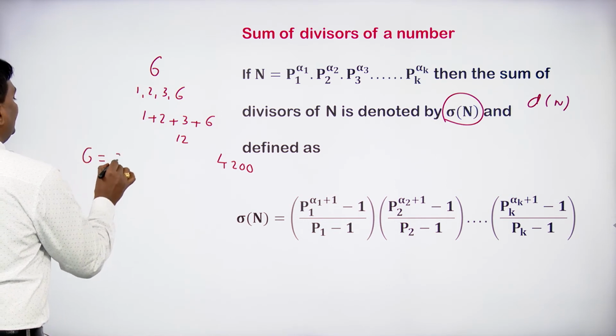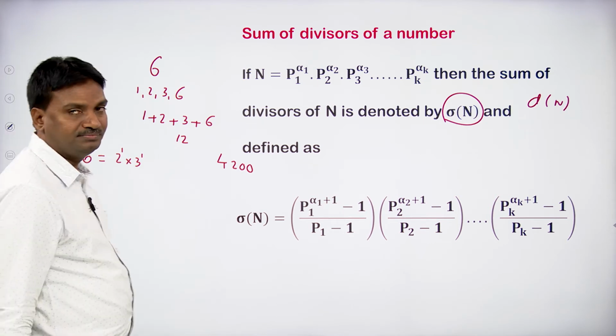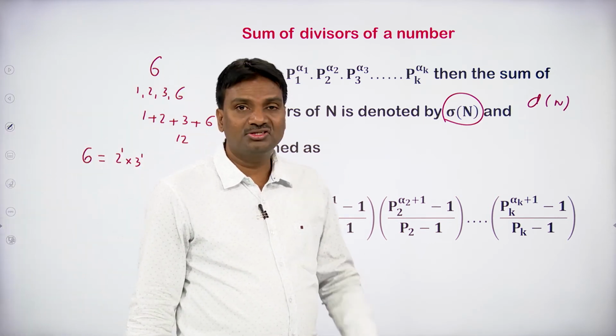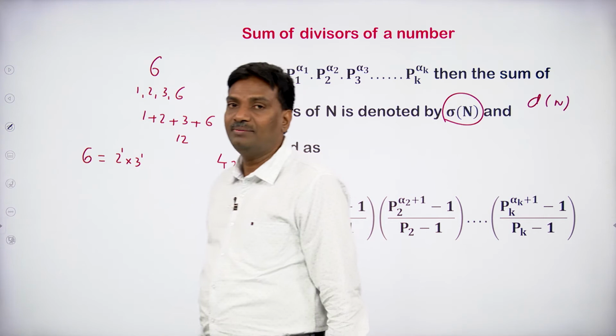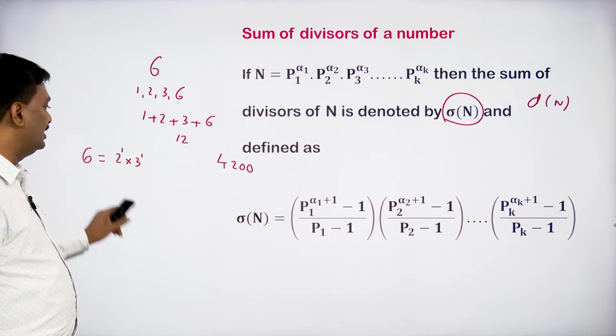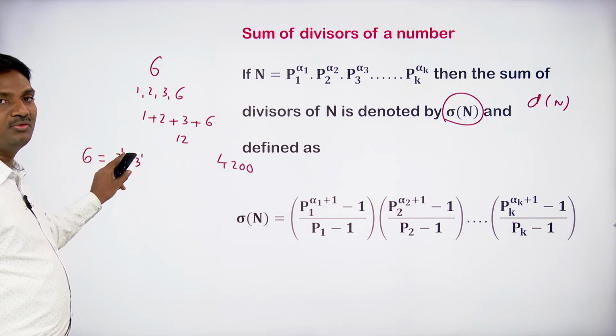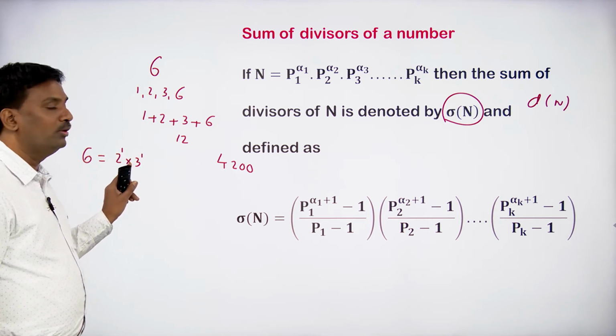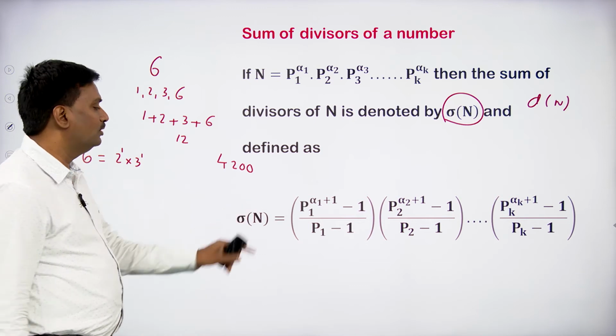The number 6 can be written as 2 power 1 into 3 power 1. Now, p1 equal to 2, alpha 1 equal to 1, p2 equal to 3 and alpha 2 equal to 1.